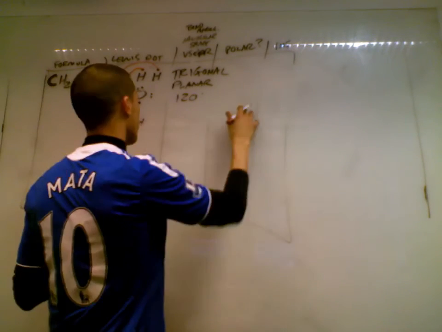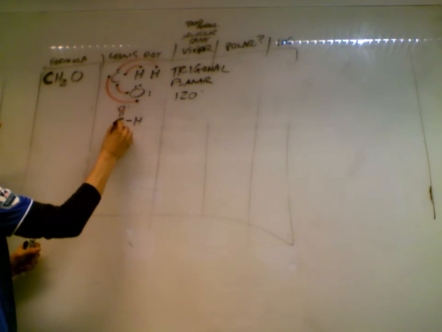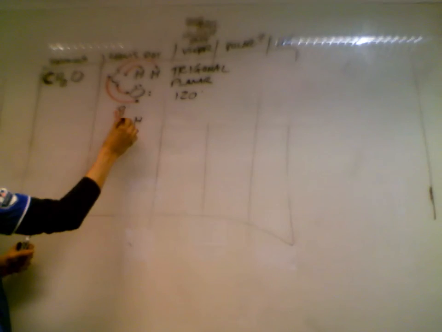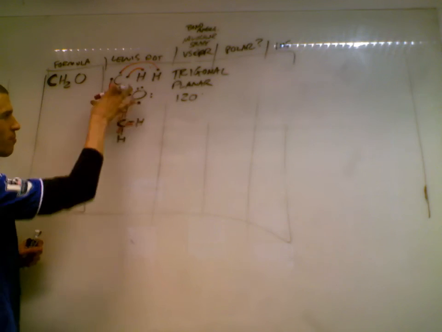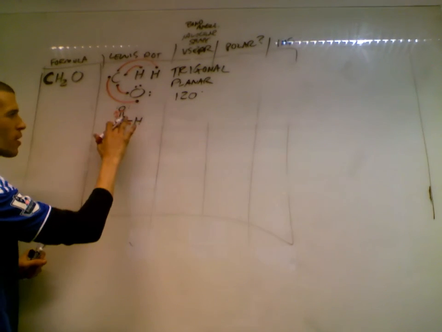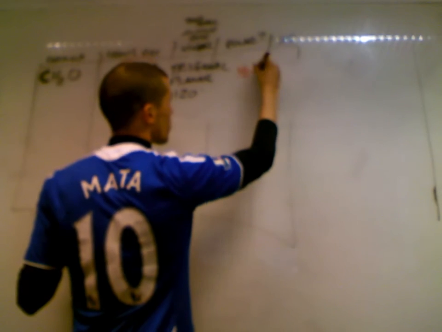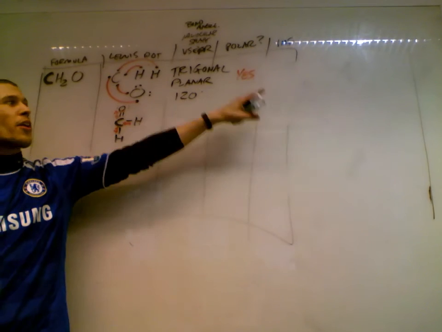Is it polar? Yes. Where is it polar to? It's going this way, diagonal left. So in total, it's going to go in that direction. If we had the oxygen drawn correctly here, it would be towards the oxygen. So it's definitely polar. Now what IMF is this?